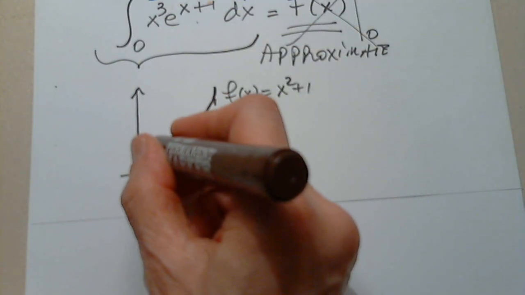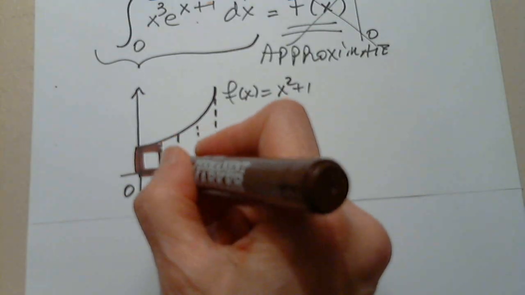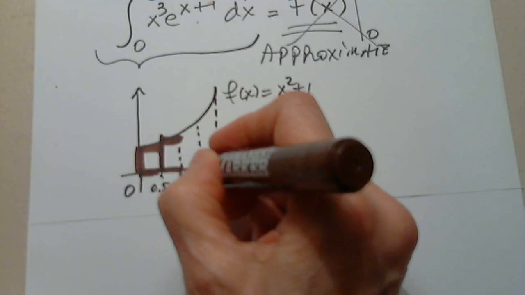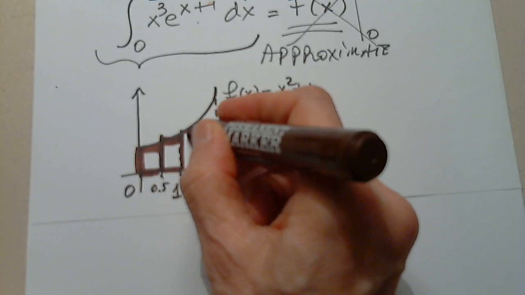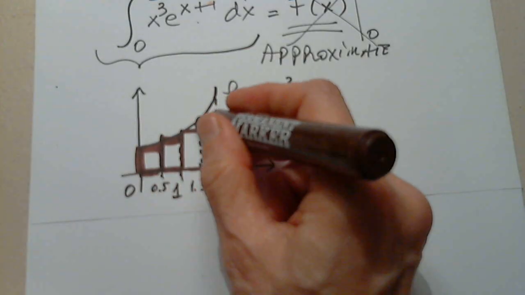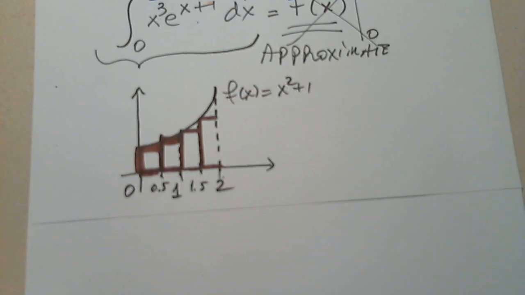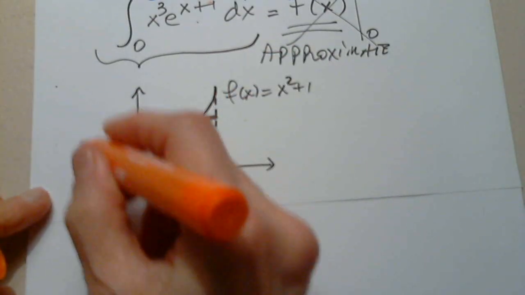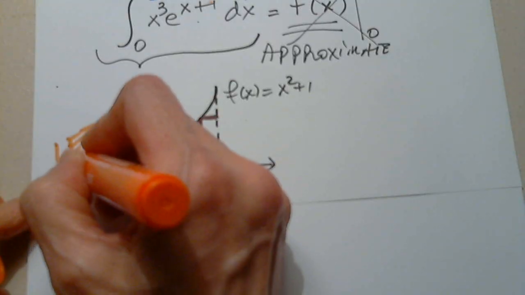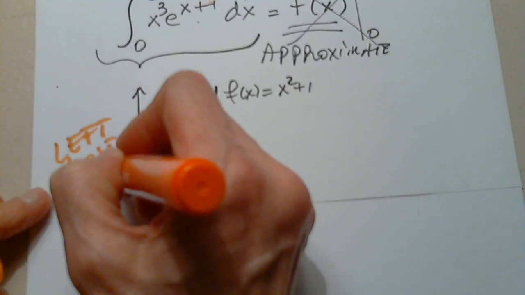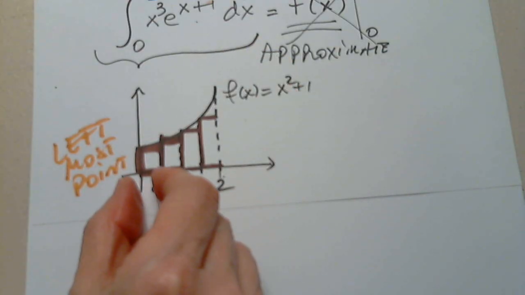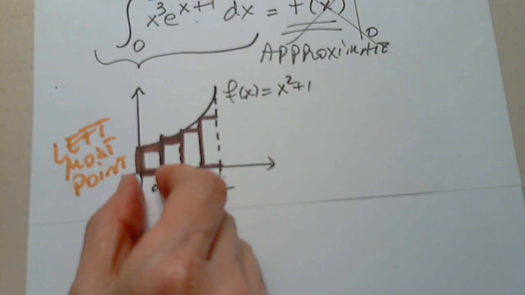Base times height. As you notice, I used the height at the leftmost point. What does that mean? The height is here on the left of the subinterval.